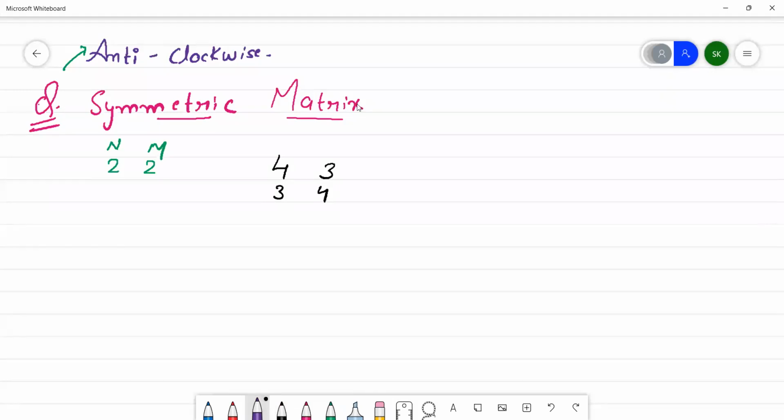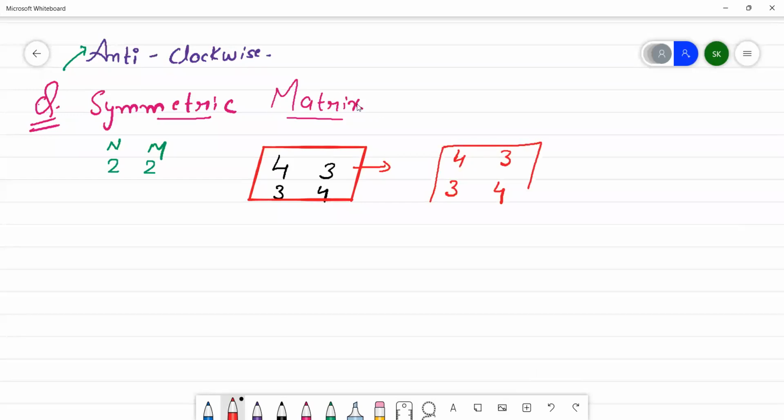A matrix is symmetric if the matrix and its transpose are the same. If I find its transpose, I'll get 4, 3 and 3, 4 again, right? So if the original matrix and its transpose are the same, then that matrix is a symmetric matrix, okay? I'll give you one more example.